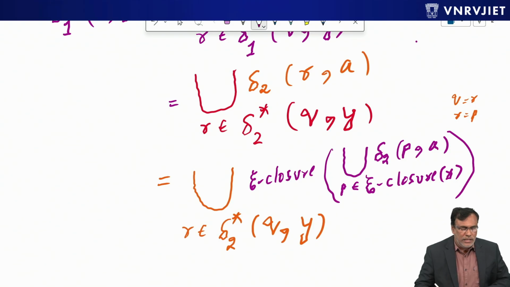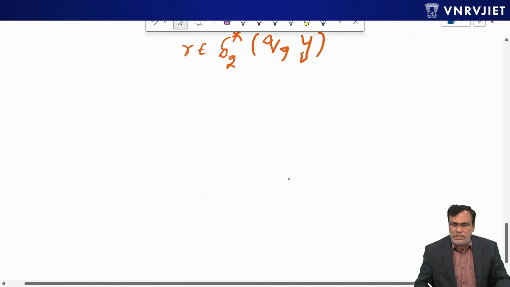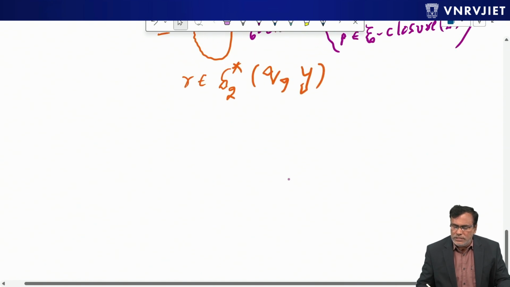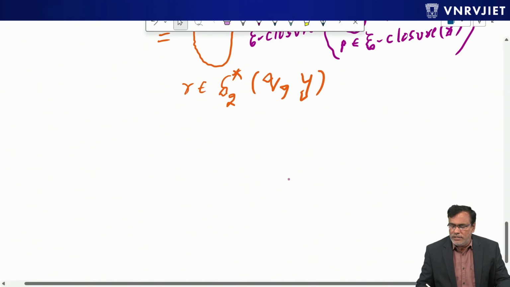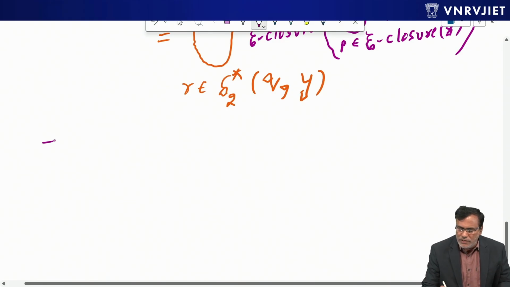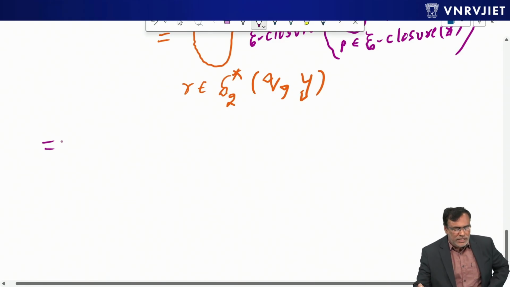That is the reason this union and epsilon closure can be interchanged, because they give the same result. Union of epsilon closure is epsilon closure of the union. Therefore, I am just going to rewrite this formula. I am just going to interchange epsilon closure and union, just change the order. At first you have union and then you have epsilon closure.